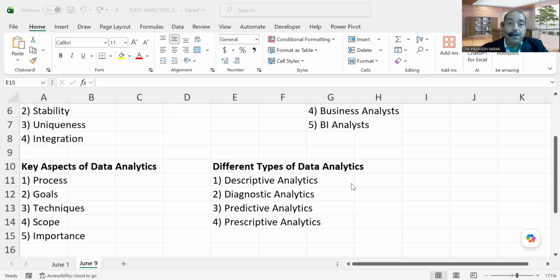So diagnostic analytics is analytics which is actually diagnosing or trying to find out, investigating as to why it happened.